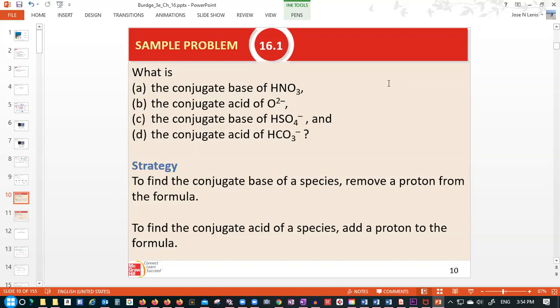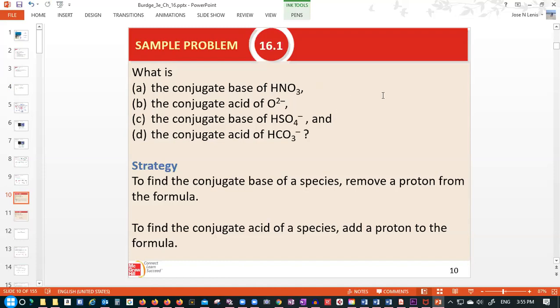The key is to find who's accepting protons and who's losing protons. So the difference between an acid and its conjugate base is just one proton. Similarly, the same happens between the base and its conjugate acid.